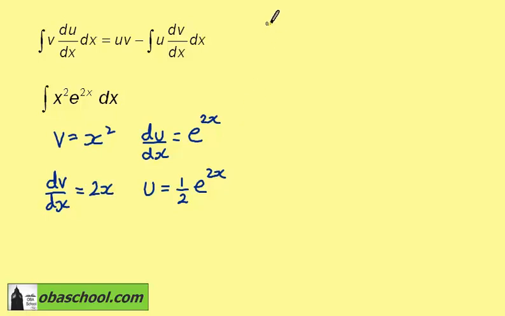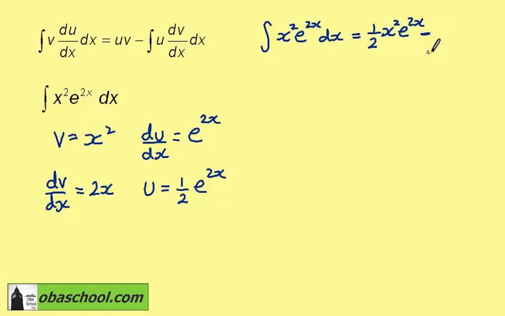If we now substitute into the parts formula, the integral of x squared e to the 2x dx becomes uv, x squared times a half e to the 2x, which we can write as a half x squared e to the 2x.